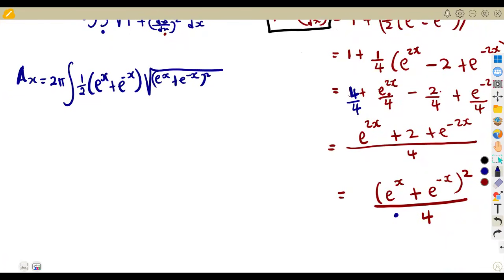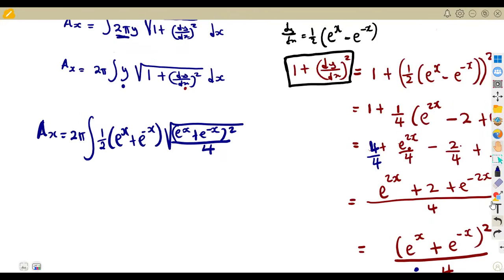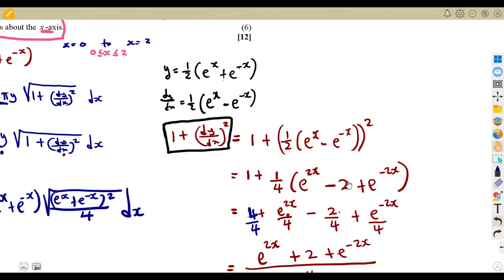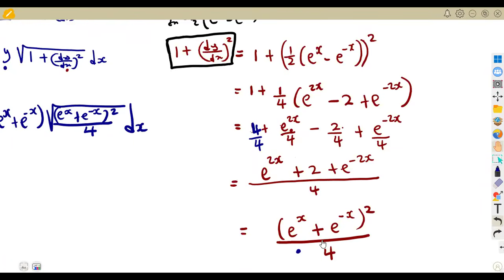Everything over 4. So this is a squared, everything over a 4, like this. And we're going to integrate the whole of this with respect to x. All right. So that is where our derivatives played a role here. The differentiation is where it played a role to give us this single term.